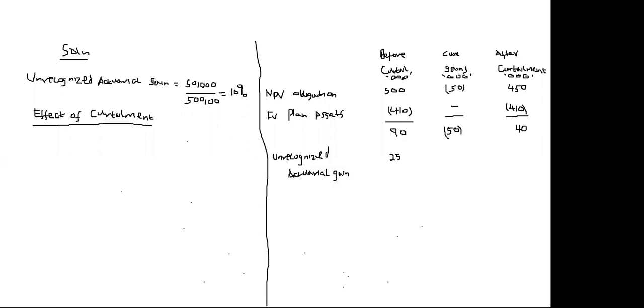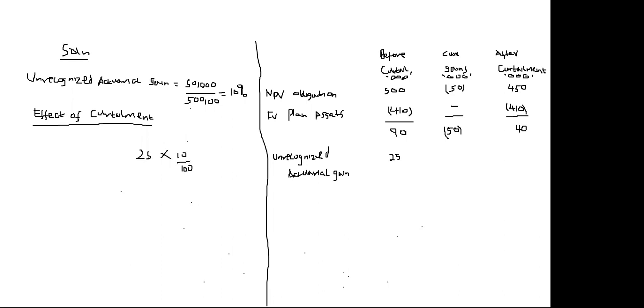So that is 25. Then to get the curtailment gain or the loss there, we use the same percentage that we had calculated before, which is here, the 10%. So we'll have 25 times 10%, 25 times 10 over 100.